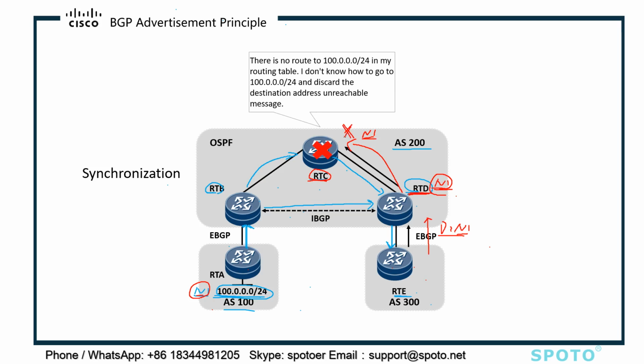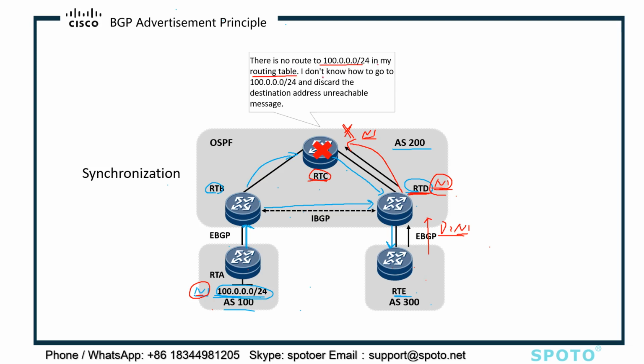Okay, so in this situation, if we just establish the BGP neighbor relationship like this, we can let the route advertisement be successful, but we can't let the data be forwarded successfully, because when RTC receives the data, there's no route to this network segment in RTC's routing table.